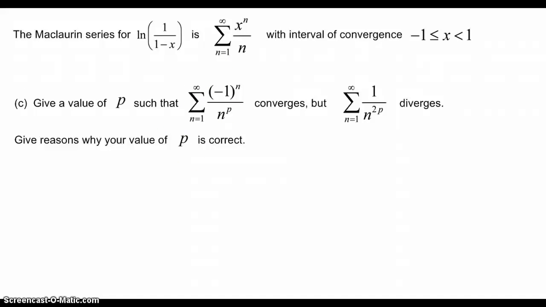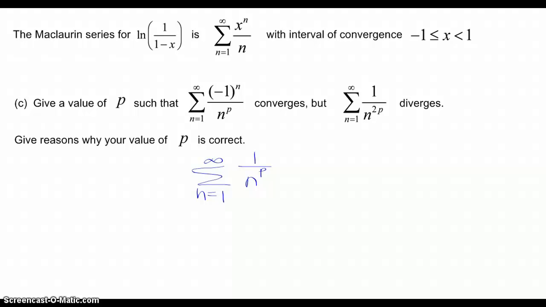Same series. Give a value of p such that this alternating series, -1 to the n over n to the p, converges, but this second positive series diverges. Give reasons why your value of p is correct. Let's go back and let's just, in general, talk about p series.